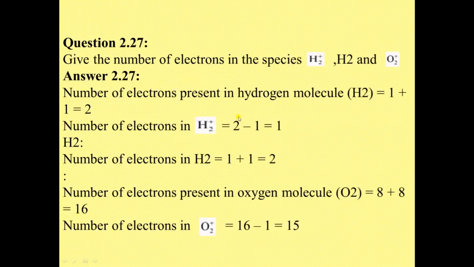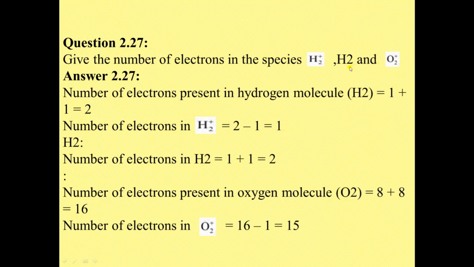Now question number 27. Give the number of electrons in the species H2 positive, H2 and O2 positive. So number of electrons present in hydrogen molecule, as there are 2 atoms in H2 molecule, so 1 plus 1 is equal to 2. But there is positive charge on the species, so 2 minus 1 is equal to 1.